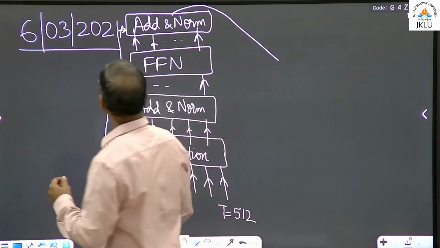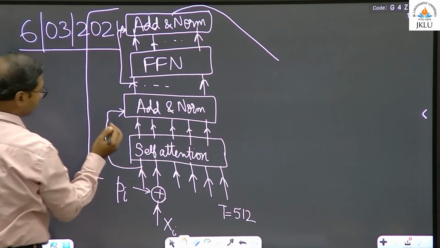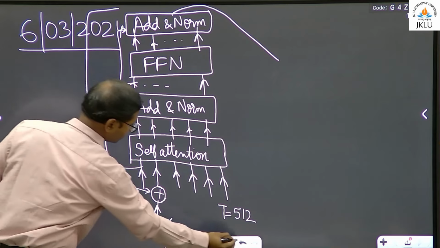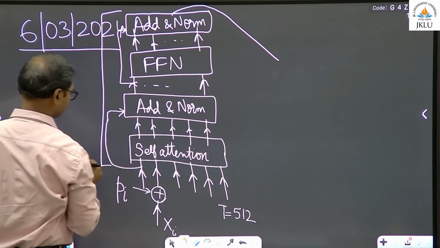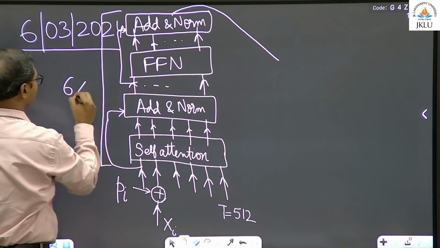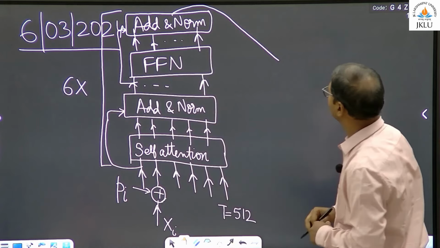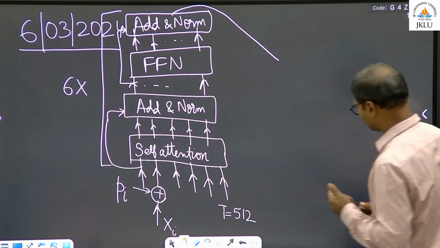And then, if we talk about the original transformer, Pi is not included, of course. So this part you do 6 times, and then what do we do here now?